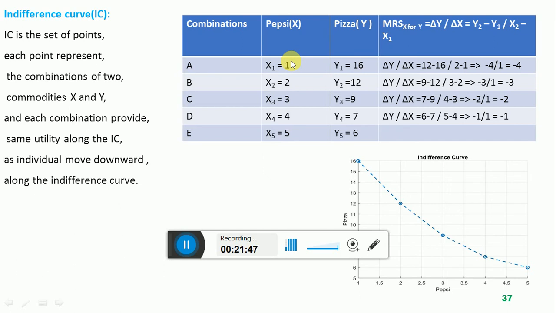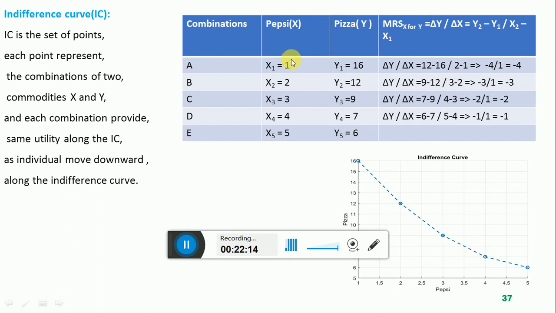Suppose the consumer is an athlete, a football player. He is running. Now he has more pizzas but little water. It means he is fed up with the pizzas. He does not need pizza. The utility of pizza for a football player is very small. But he needs water, because water is very small compared to the pizza. Pizza 16 units, water 1 bottle.